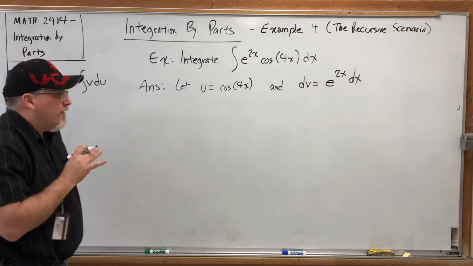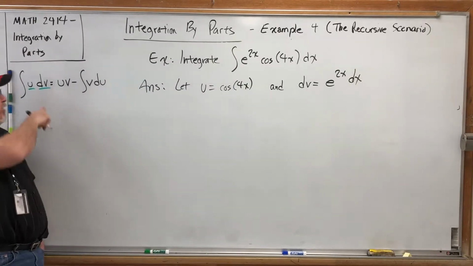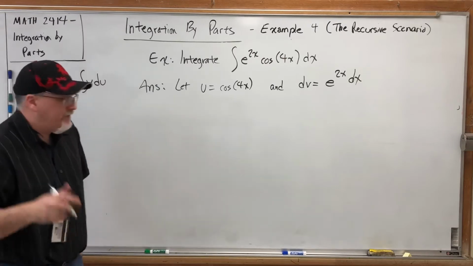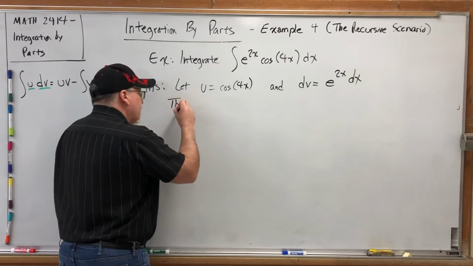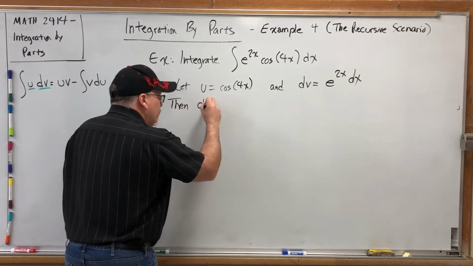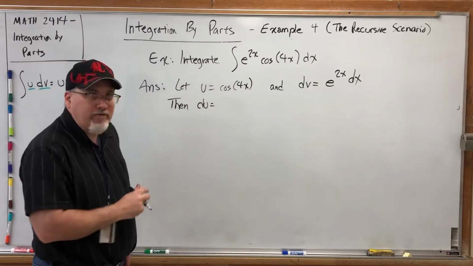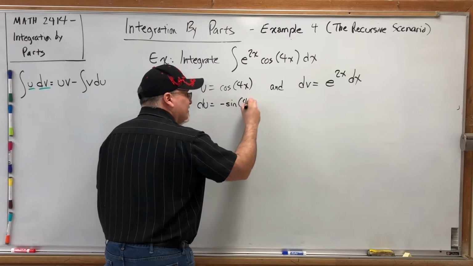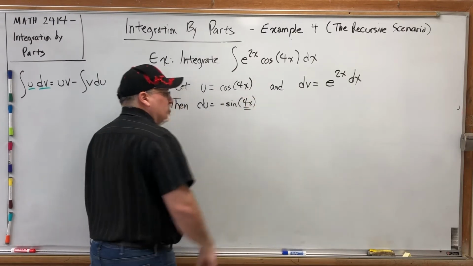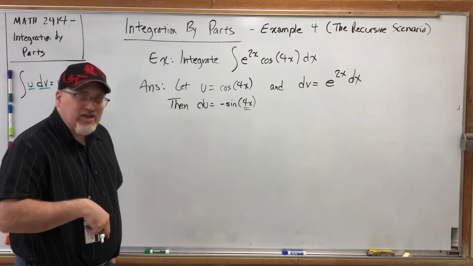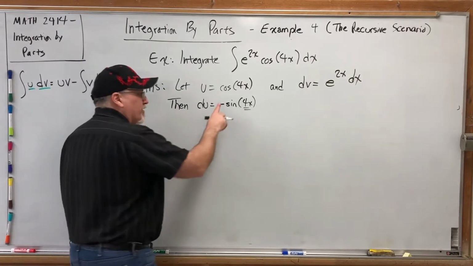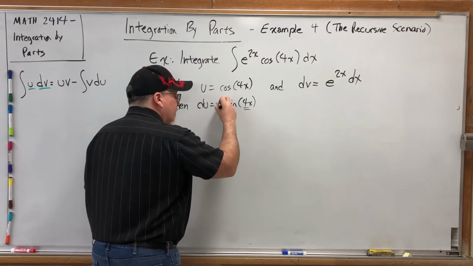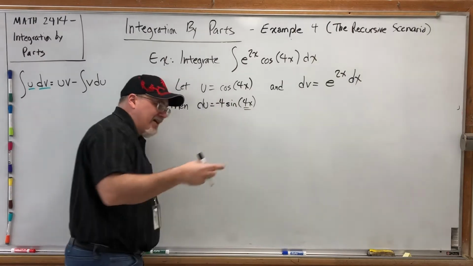All right, if we make these choices on how to partition the integrand into u and dv, let's see what would happen. Then du is equal to, well, the derivative of cosine is negative sine, but the chain rule says leave the inside alone and then multiply times the derivative of the inside. So I'm going to pick up a 4. Let's go ahead and put it in front with a negative. You know, if you look ahead, it's like playing chess.